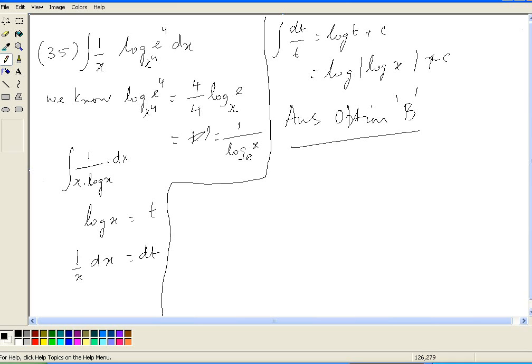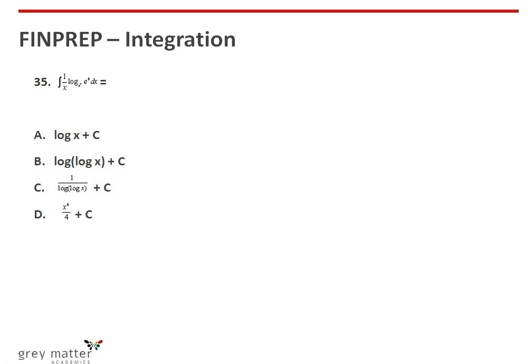So the integral becomes 1 by x log x dx. Substituting log x equal to t, we get 1 by x dx equal to dt. So integral dt by t is equal to log t plus c, or log of log x plus c. So the answer is option B. Going to our PowerPoint presentation, it is B option, which says log of log x plus c.